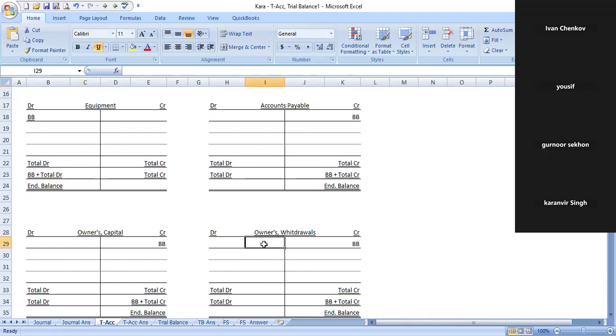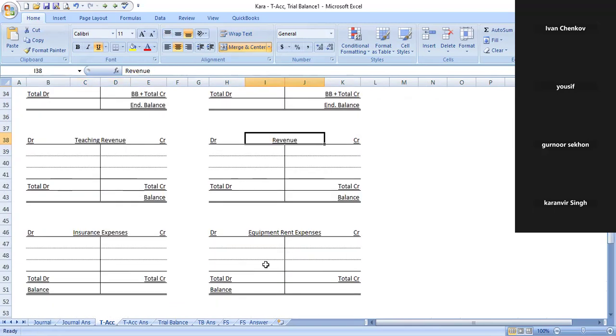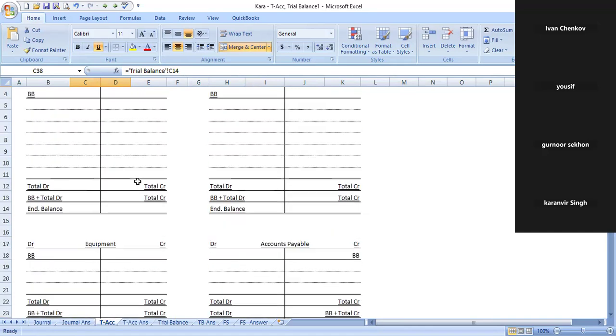Owner's withdrawal. She didn't withdraw any money, so that makes it easy for us. We're not gonna have teaching revenue. We're gonna have only revenue here. And we're gonna have the equipment rental and insurance expense. So that teaching revenue, we can eliminate it because we don't have anything.